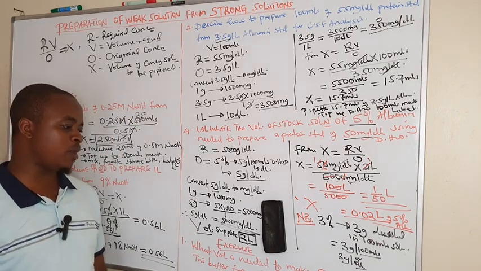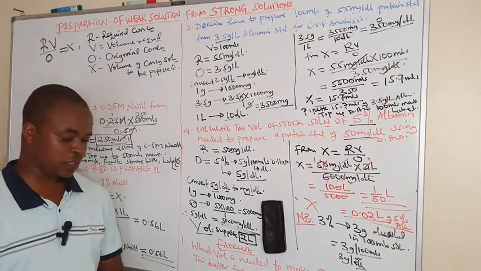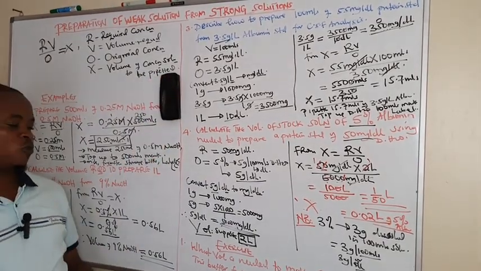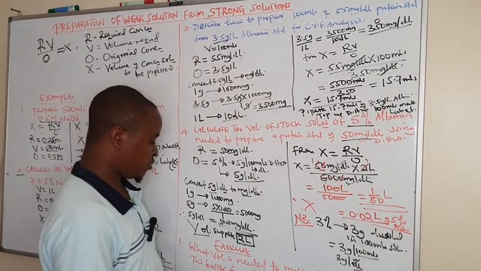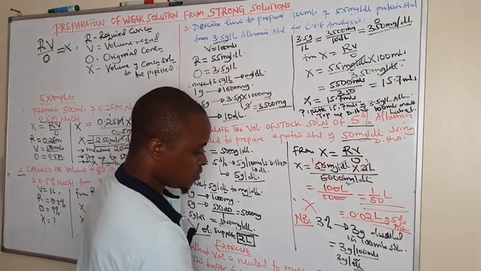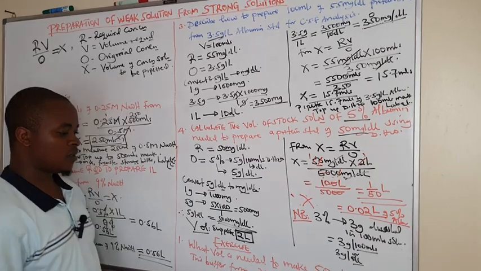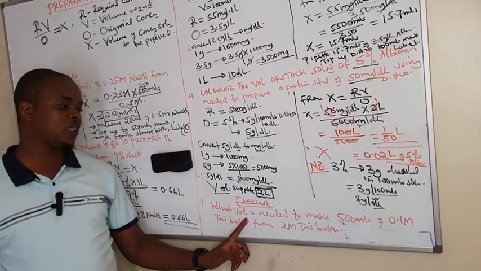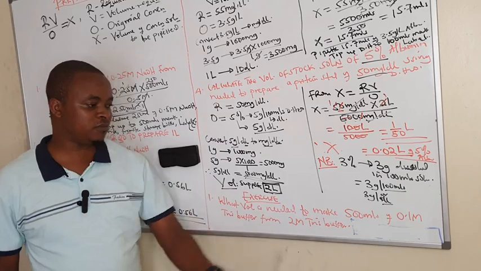So I'm ending by giving you an exercise, which you can do and give me the answer under the comment section. The question is saying, what volume is needed to make 500 mils?